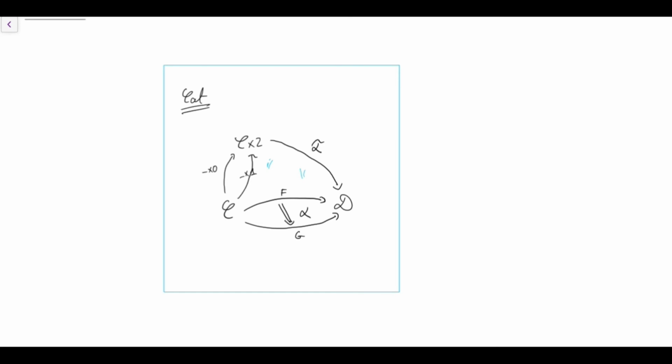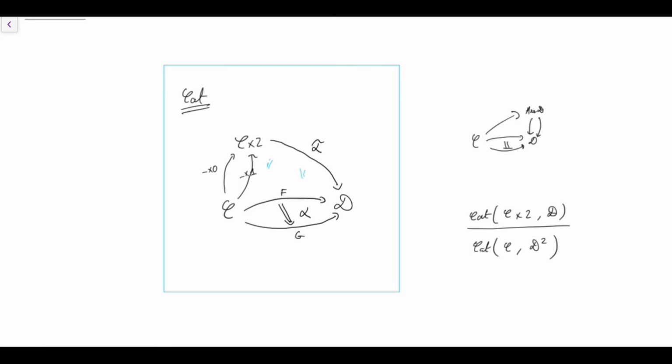Now, we've done all this work and we've shown this equivalence, but previously we've shown some similar looking equivalence. Remember, we were going to arrow of 2 and then going back through the domain and the codomain functor.